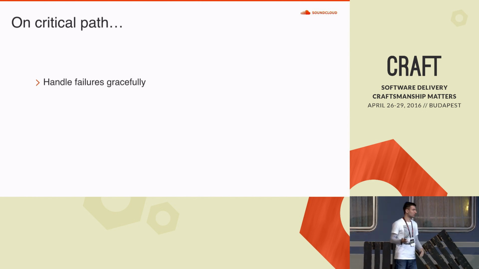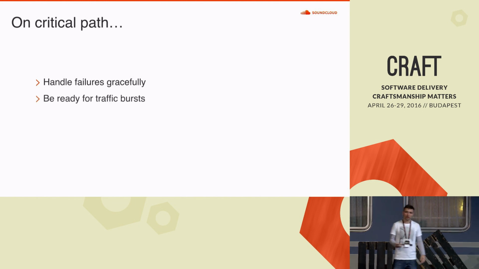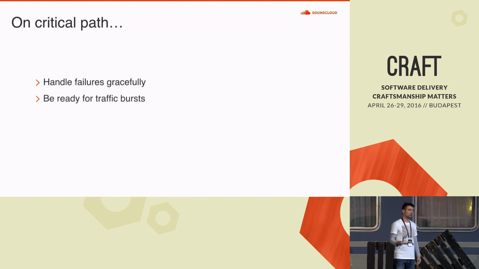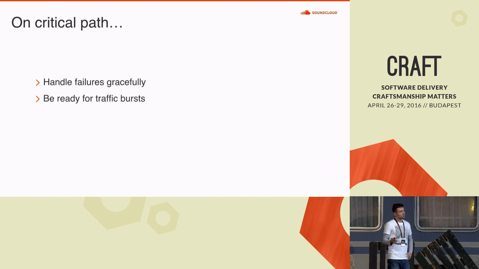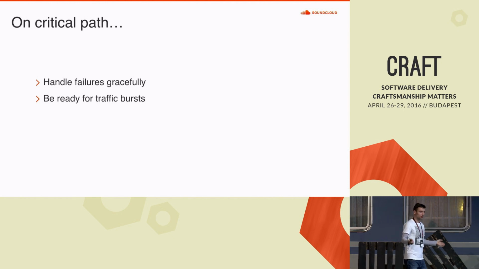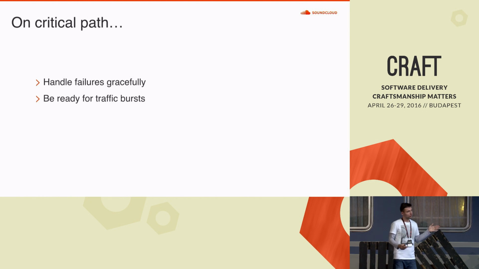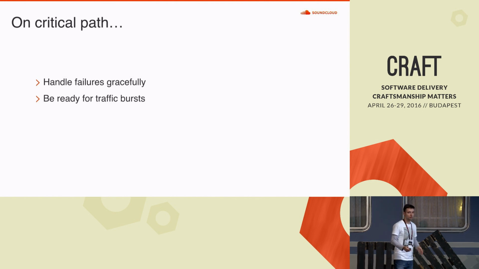And the second thing that we need to take care of is traffic bursts, because SoundCloud's business is prone to traffic bursts. For example, whenever someone uploads really viral content on SoundCloud, everyone tweets about it, and this creates a huge spike of incoming traffic. And the very first place this spike slams is our microservices on the critical path. So we need to over-provision them.